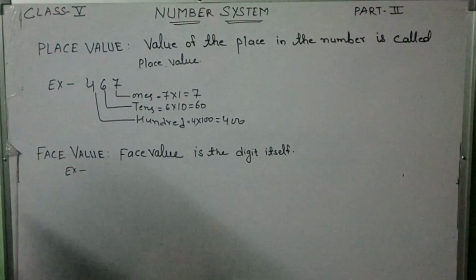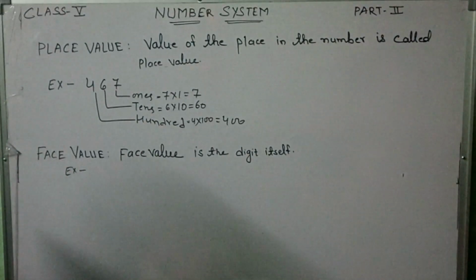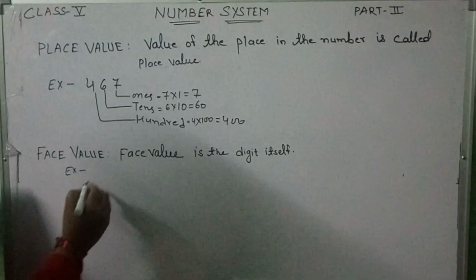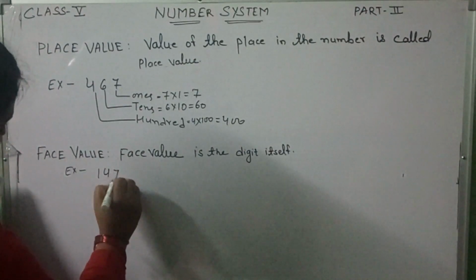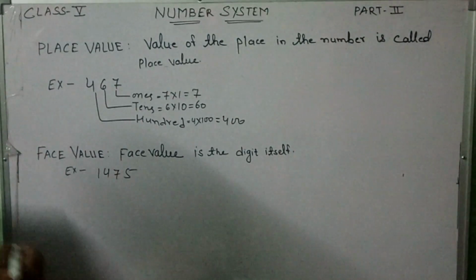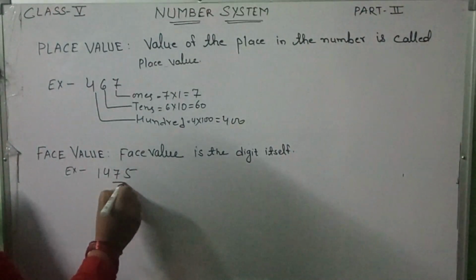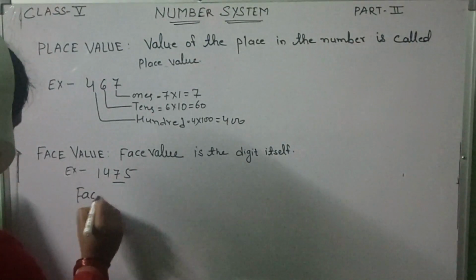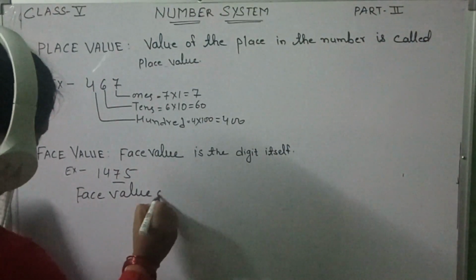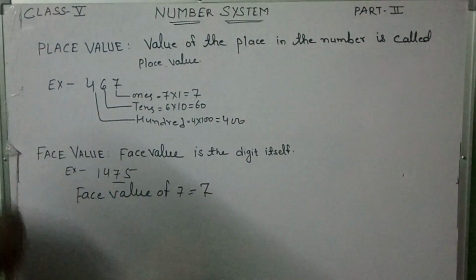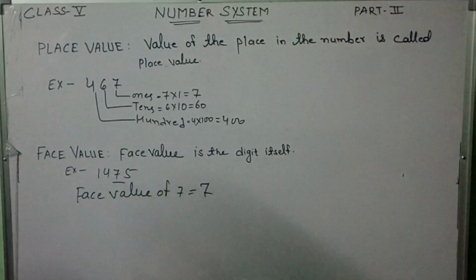Now, see what the face value is. It's very easy. Face value is the digit itself. For example, take the number 1475. If I ask you the face value of 7, the answer is 7. Face value means the digit itself.